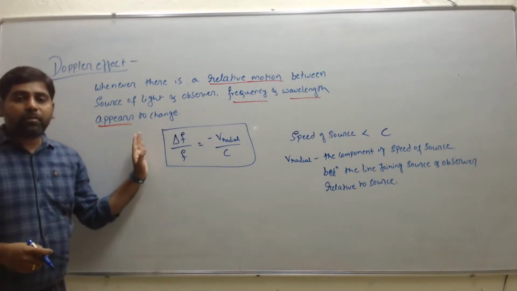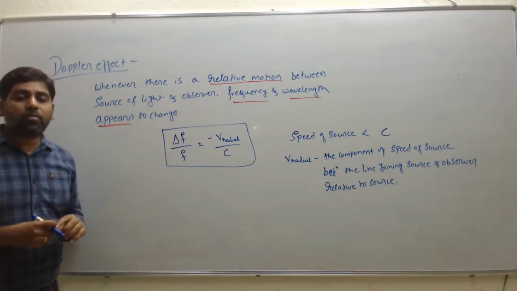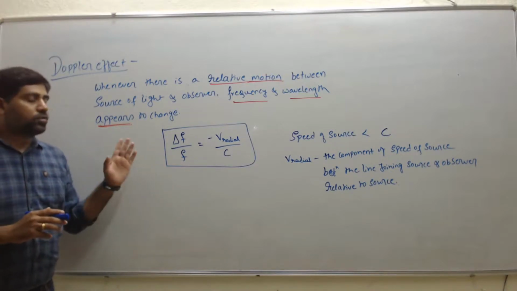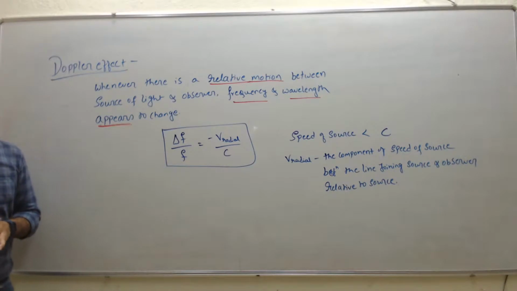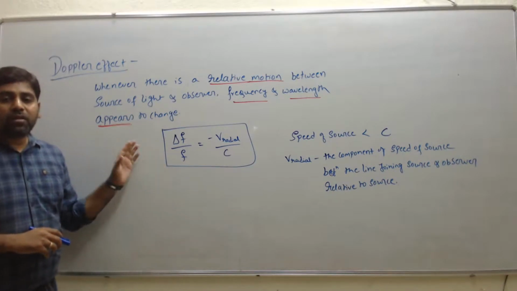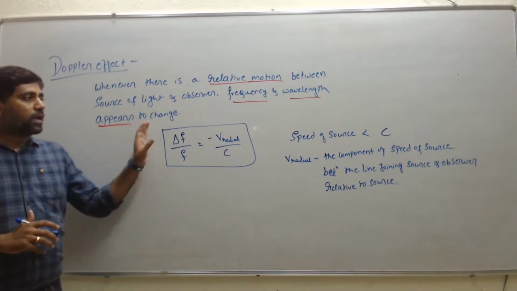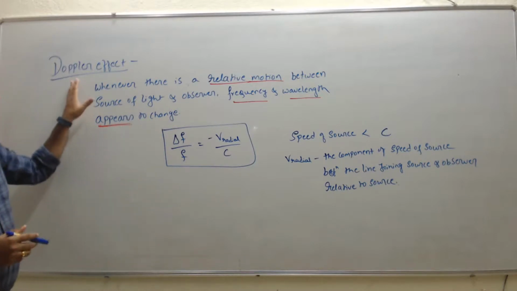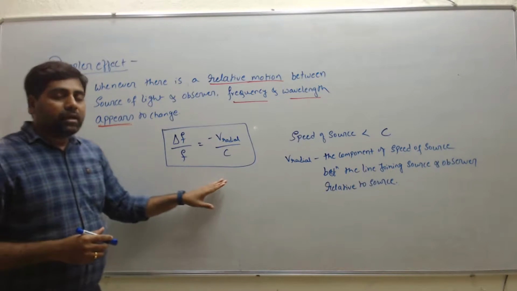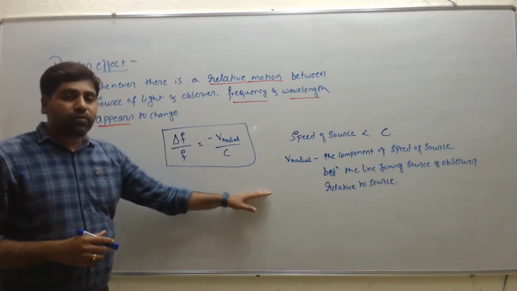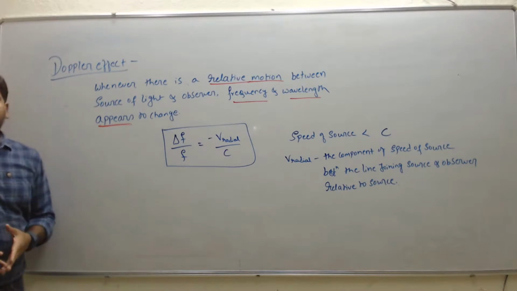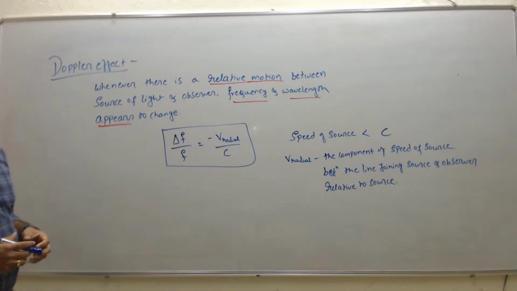For the remaining cases, we can use the formulas which we previously used in the speed of sound. The same formulas used in the Doppler effect can be used here. The main topics are the red shift and also the blue shift. For 1 mark, they may ask what is red shift and what is blue shift.